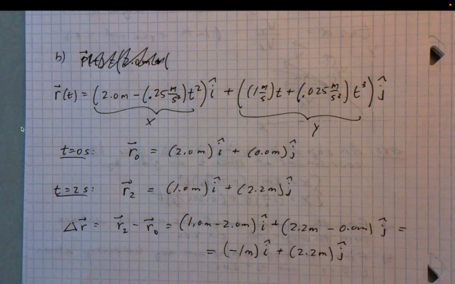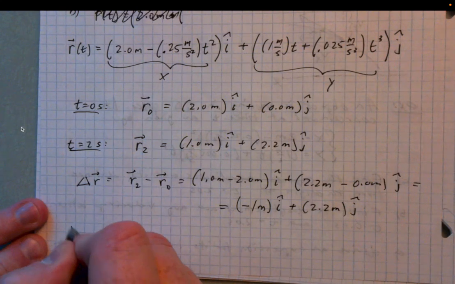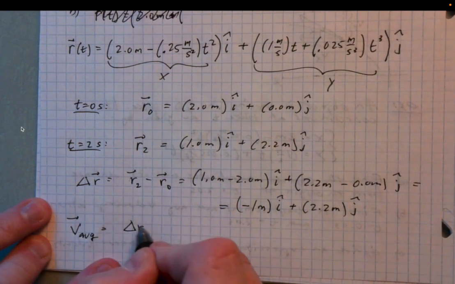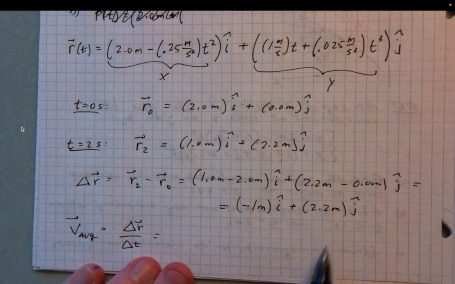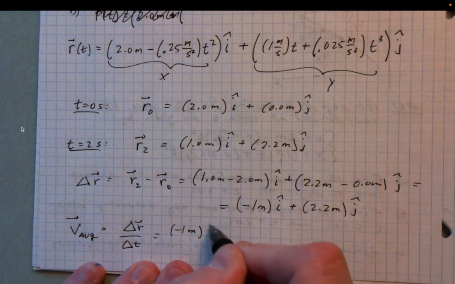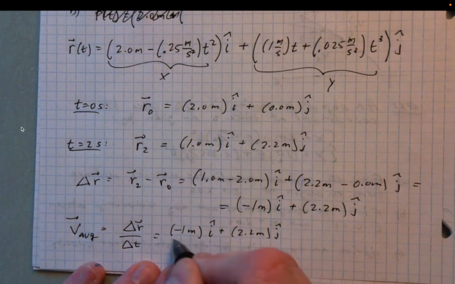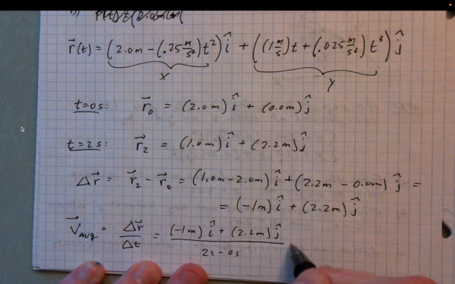All right, so that's my displacement. So what's my average velocity over that same time interval? So v average is equal to the delta r over the time interval, right? And so I know my delta r, it's going to be negative 1 meter i hat plus 2.2 meters j hat divided by 2 seconds minus 0 seconds, right?